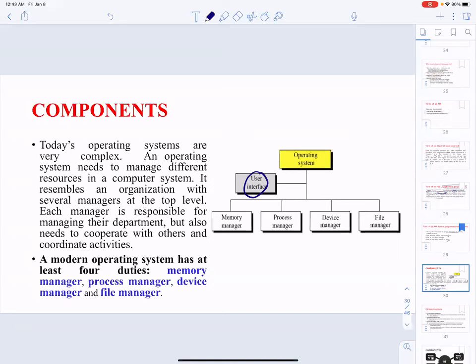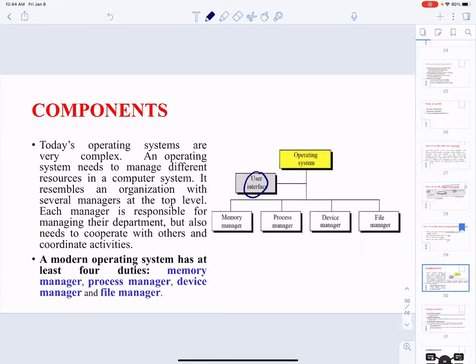In order for the operating system to act as a manager, to control other managers, each one of those managers is responsible for a certain task that will execute those system calls or those kernel operations. Each one of those managers performs a certain assignment, and we look to the operating system as the manager or the head or the controller of all of those sub-managers.